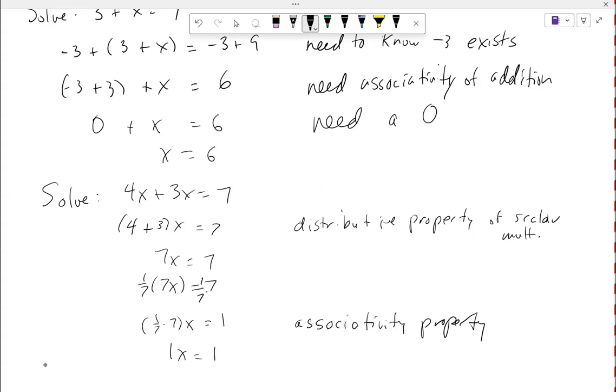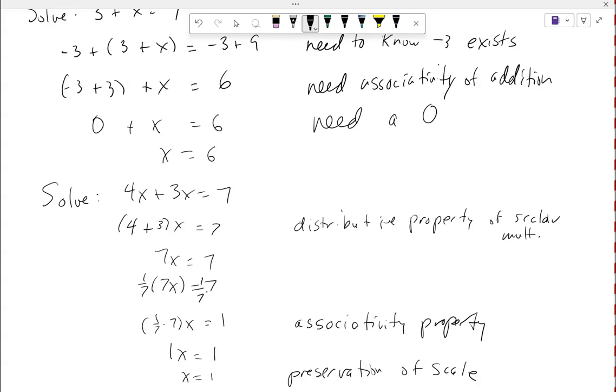And then I also need what we typically refer to as a unitary property or preservation of scale. I need to know that 1 times a vector really just does give me the vector back again. All right.